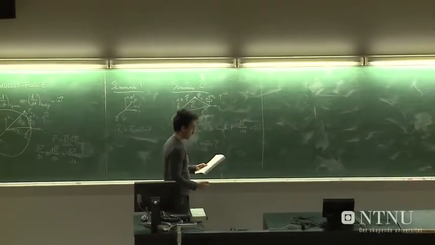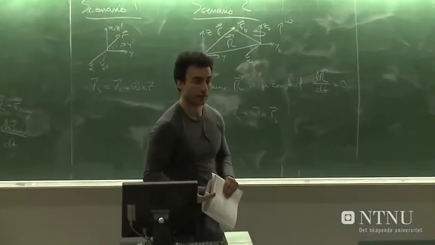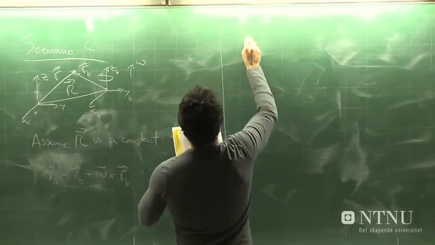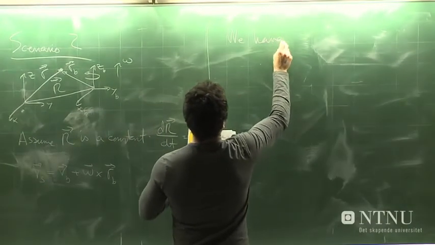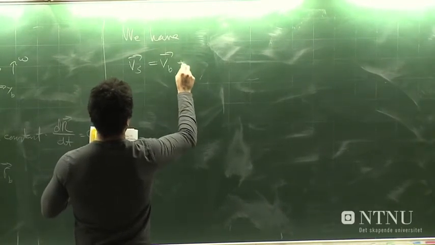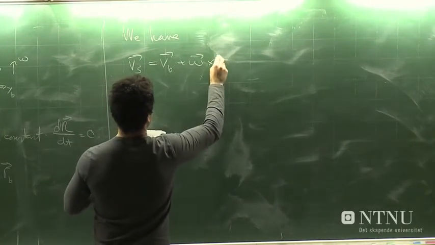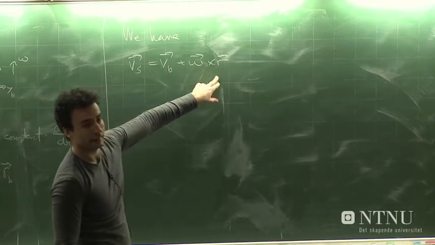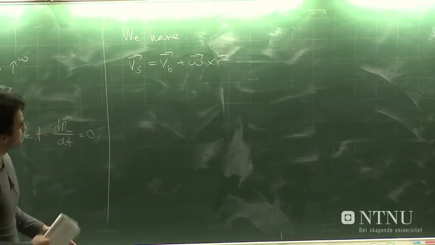Okay, so let me just outline then the derivation of how the Coriolis force appears. So we have this relation, and then keep in mind how to interpret these terms depending on what situation we have.